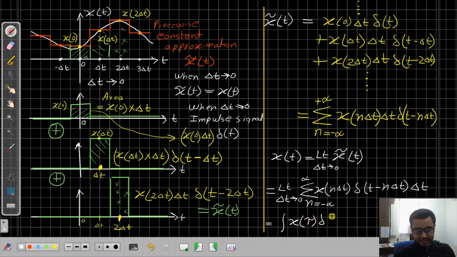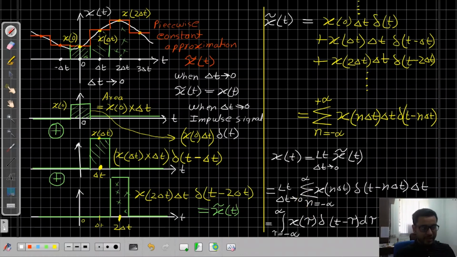Then delta t, once again in place of n delta t, I shall write a dummy variable tau, and this will become d tau. So this summation is same as this integration over tau, and tau running from minus infinity to plus infinity. So this result is very important.